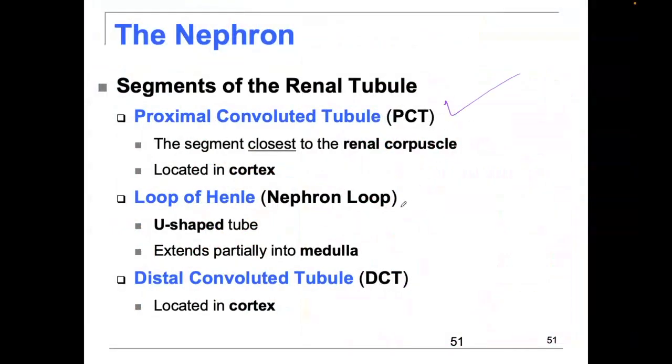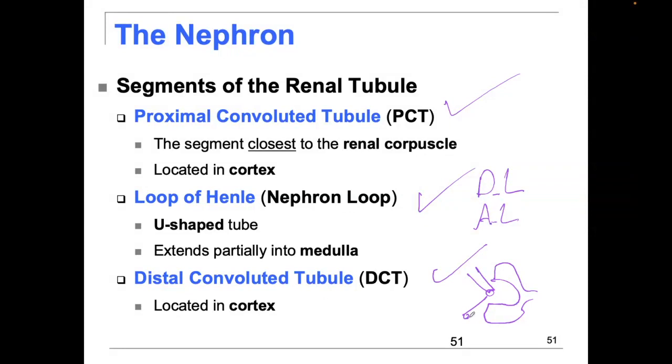Okay, so we had the proximal convoluted tubule, the distal convoluted tubule, and the loop of Henle. Remember, we had a descending limb and an ascending limb of the loop of Henle. And then let's keep in the back of our mind that parts of the distal convoluted tubule gets very, very close to here's the afferent arteriole, efferent arteriole, that's the glomerulus.